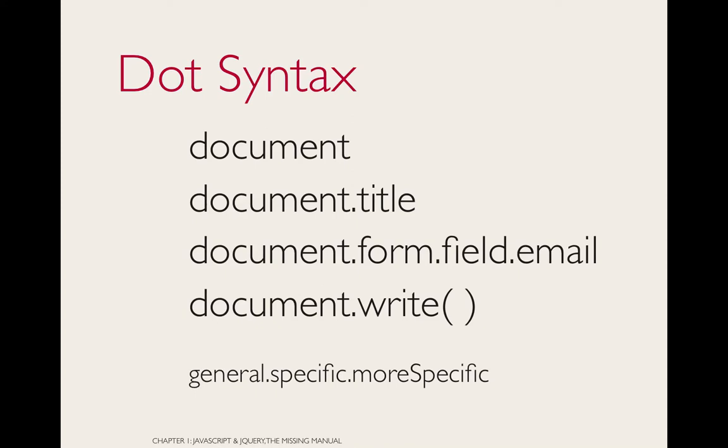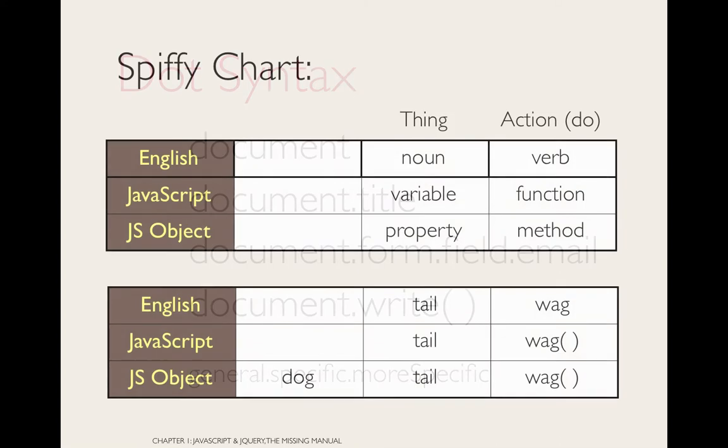It's just kind of a hierarchy of how things are put together. Document.write is a verb or a method for document, which is the object. Write just places whatever you put as a parameter into the document. General to specific, left to right.